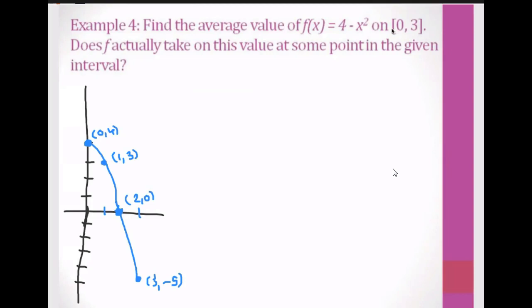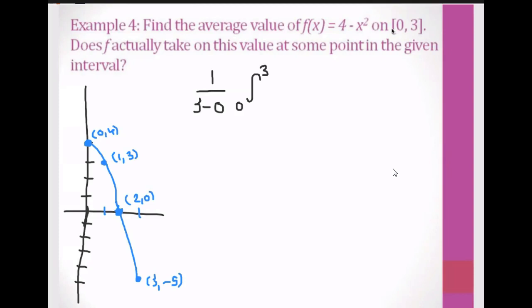So it says find the average value of f of x. So we know how to now do an indefinite or definite integral. So the average value would be 1 over 3 minus 0, because it's b minus a, times the integral from 0 to 3.